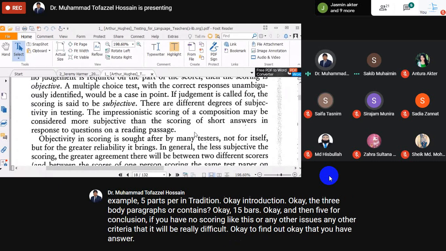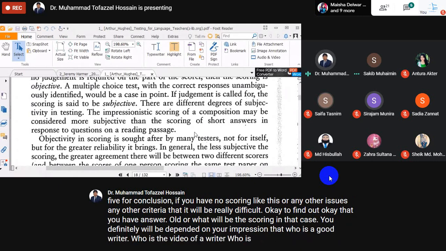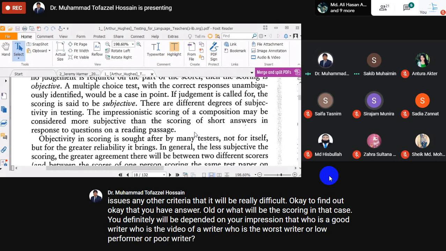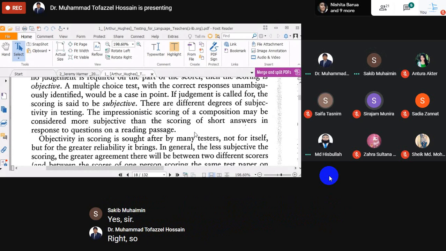In that case, you definitely will depend on your impression, who is the good writer, who is the mediocre writer, who is the worst writer or poor performer. Yes or no? Yes, sir. Right? So definitely impressionistic scoring will be more subjective.